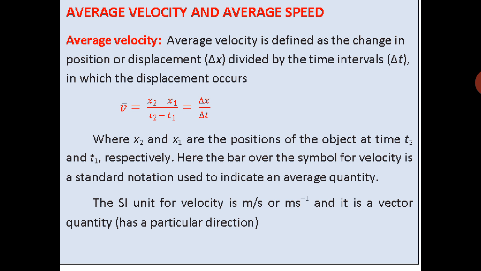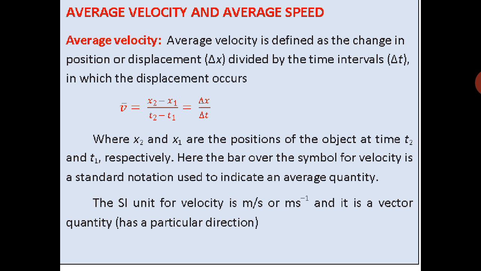See the relation: the average velocity v bar equals x2 minus x1 divided by t2 minus t1. So x2 minus x1 is the change in position, we can write it as delta x, and t2 minus t1 as delta t.